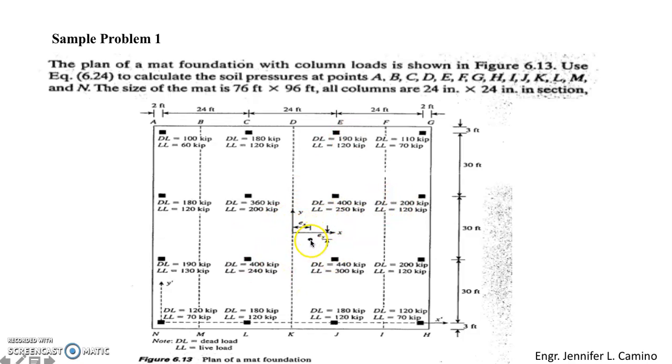So for x and y, that is the distance from the centroid of the column towards the centroid along x direction, and that is for x. For y, that is from the centroid of the column towards the centroid of the mat foundation along y direction.